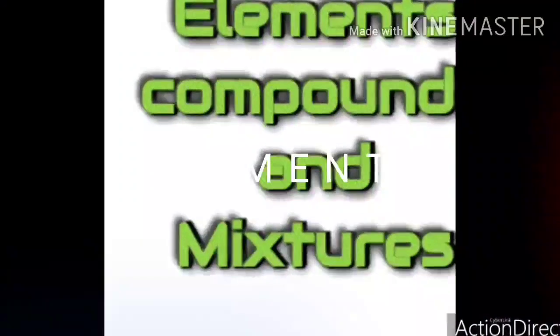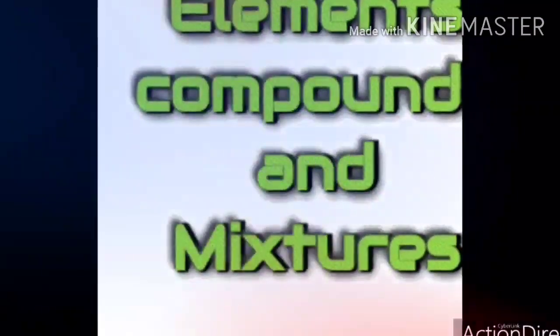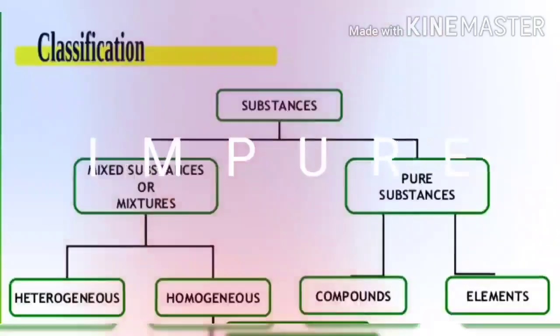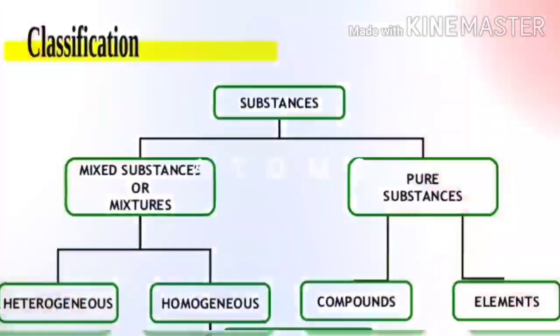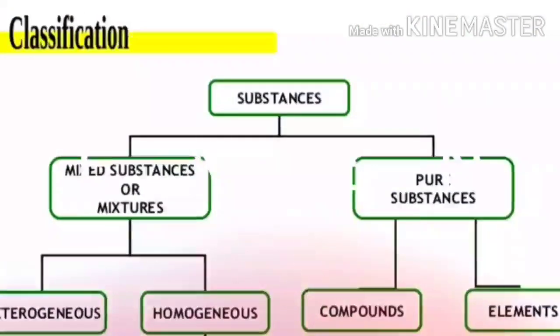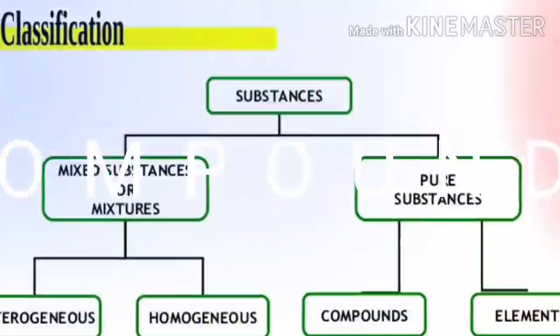Pure substances include elements and compounds, whereas impure substances constitute the mixtures. Mixtures are of two types, homogeneous and heterogeneous mixtures.